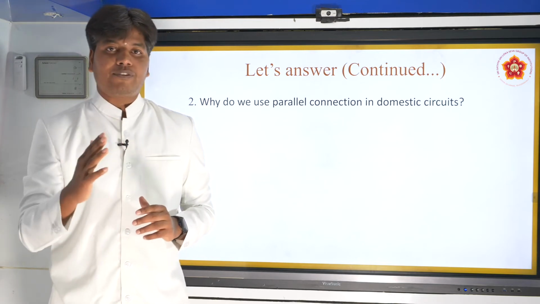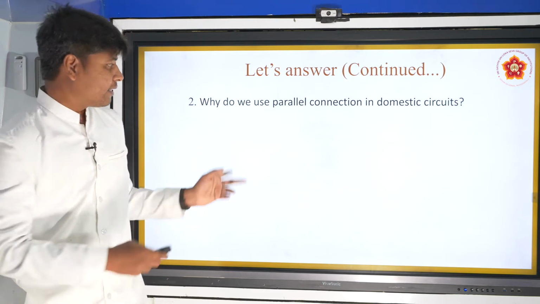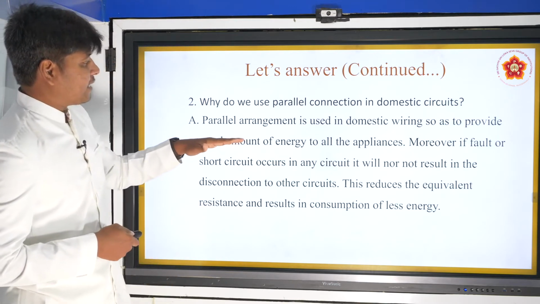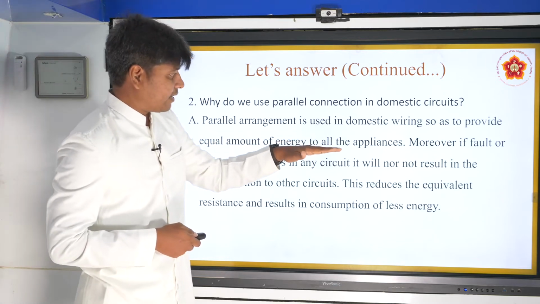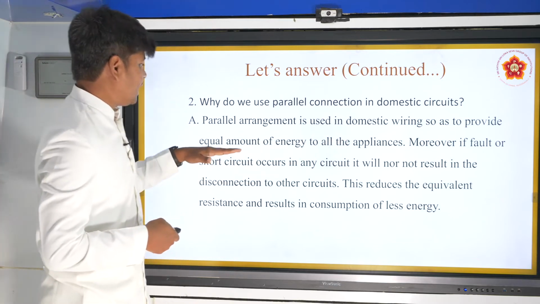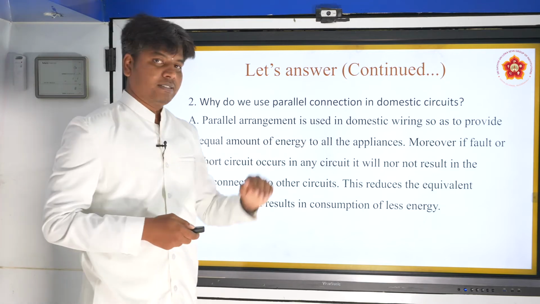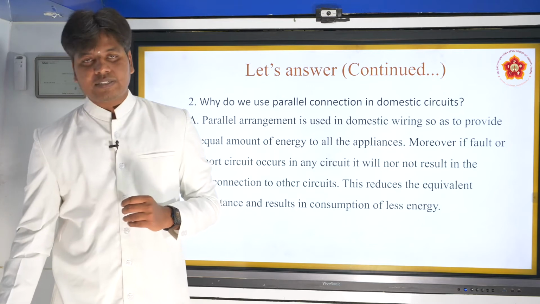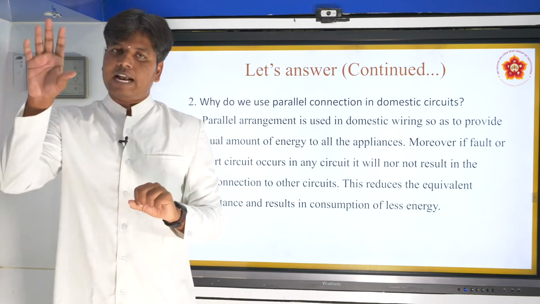And there are many more advantages which you have written in this answer. Let us see. Parallel arrangement is used in domestic wiring so as to provide an equal amount of energy to all appliances. Take the previous example: here you had a bulb, here you had a fan.